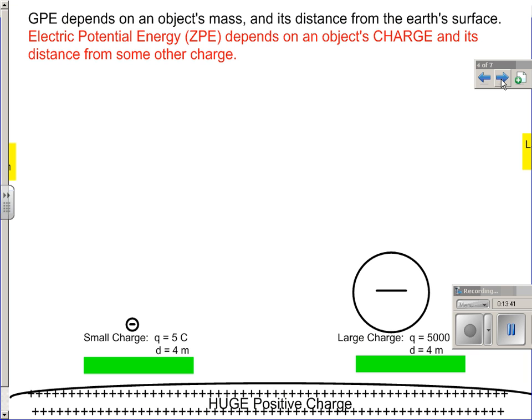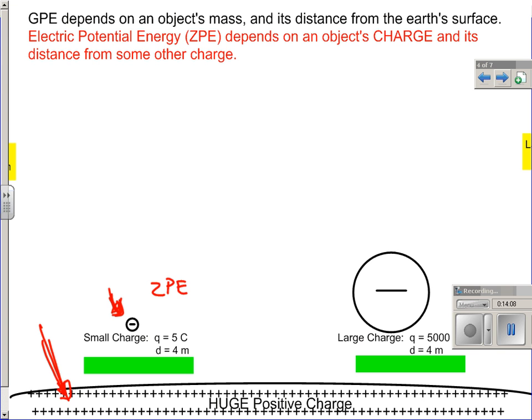So now we've got a small charge being attracted to a really big charge. This is like our mouse and the Earth. Here we've got a small negative charge being attracted to a huge positive charge. Because of that attraction, the small charge is going to have some electric potential energy.